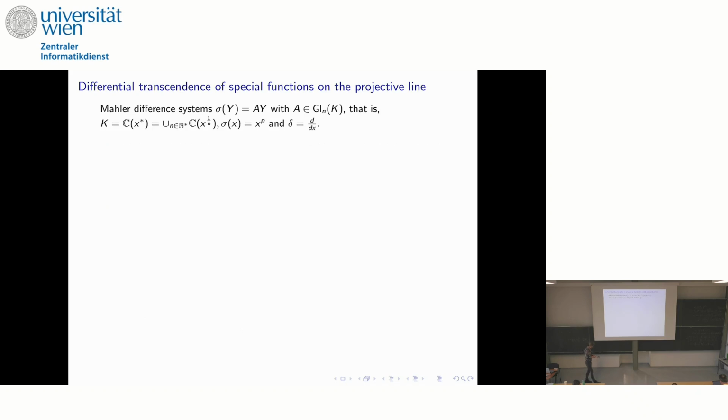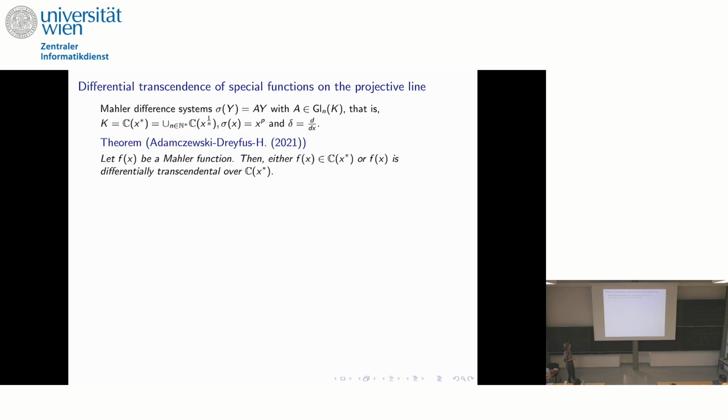Let me switch back to the case of Mahler equations. So we have a Mahler difference system, where the Mahler operator is the exponentiation by p, and my base field is C of X, where you have just ramified the variable X. And what we proved with Boris Adamczewski and Thomas Dreyfus is the following dichotomy. You take a Mahler function, then it is either a rational fraction or it is differentially transcendental.